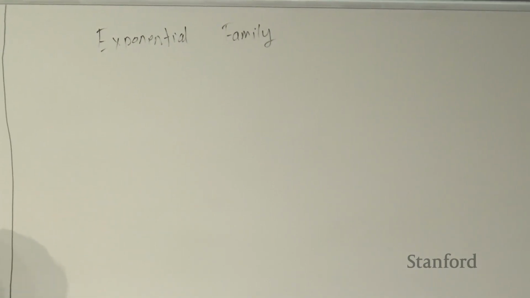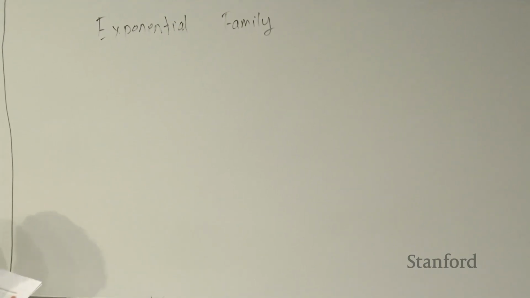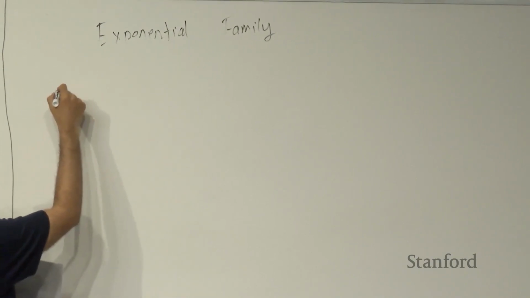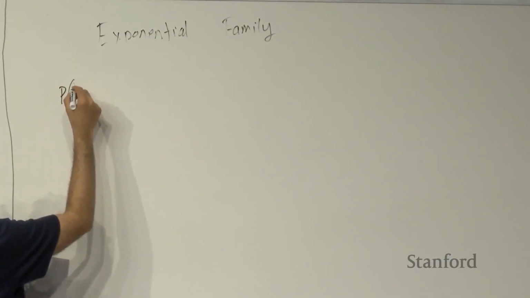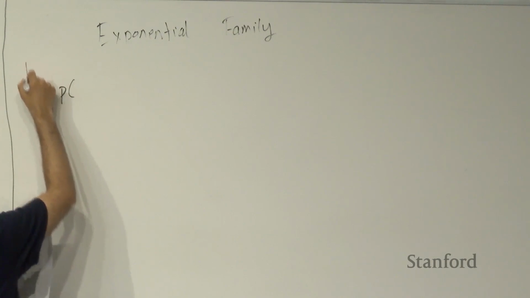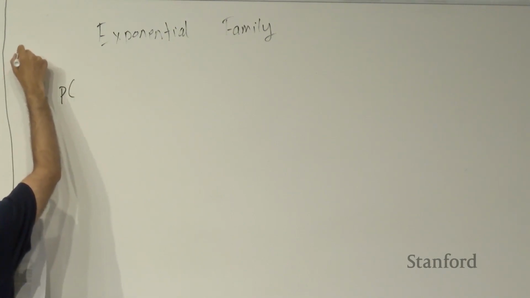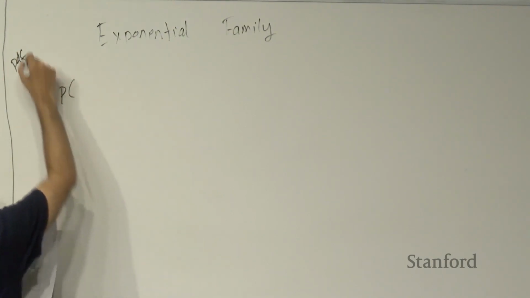Exponential family. So the exponential family can be written in the form of the probability density, PDF or PMF.